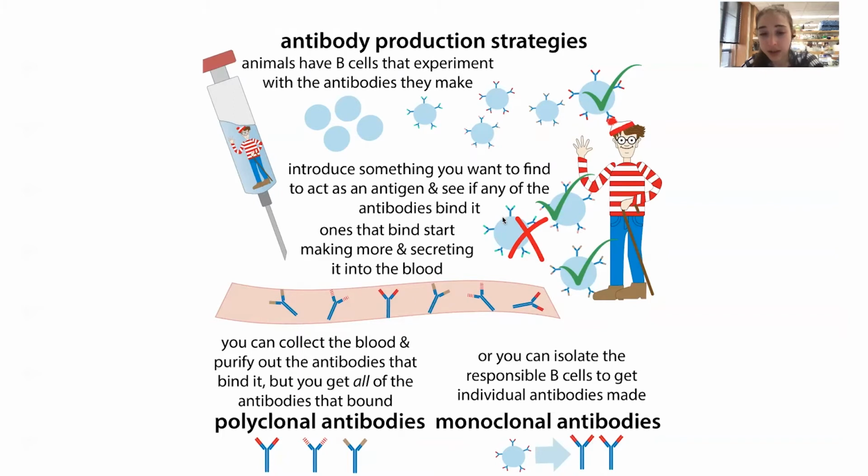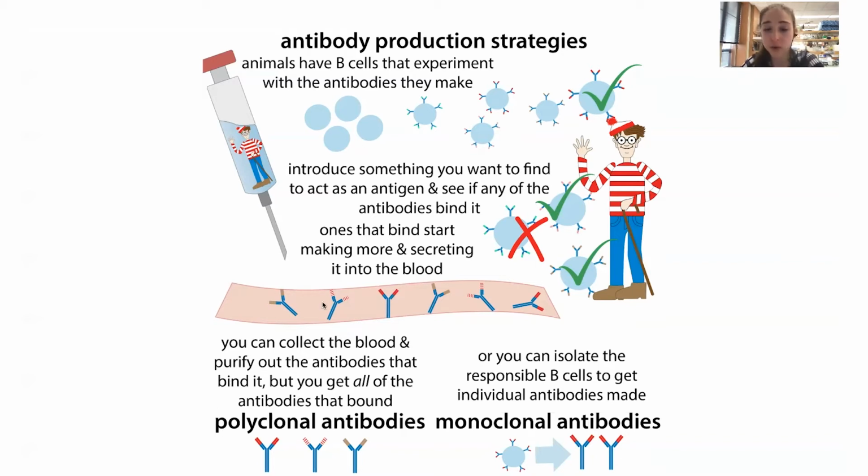Now what you want to do is isolate the actual B cell that made that antibody and get it to make a lot more. And so this is a much more difficult process. Polyclonal antibodies are typically made in bigger animals, like rabbits, goats, things like that, because they're collecting the antibodies from the blood.